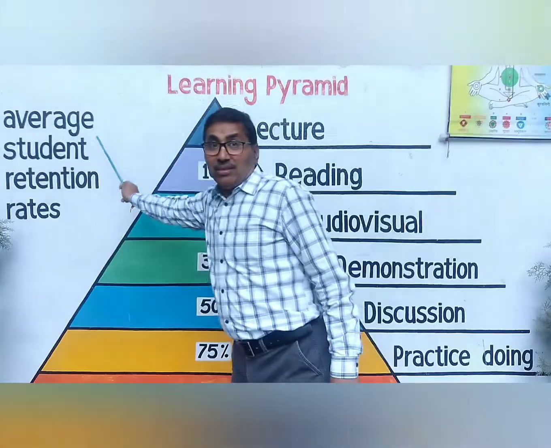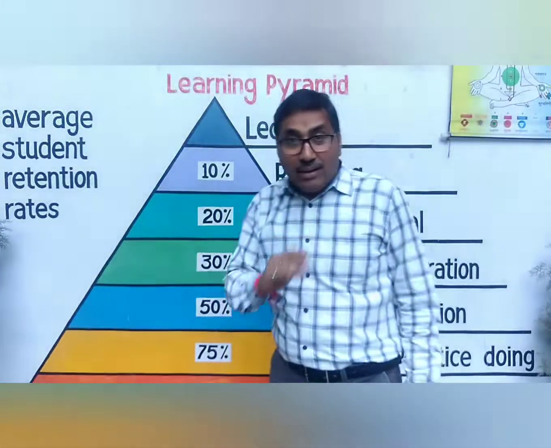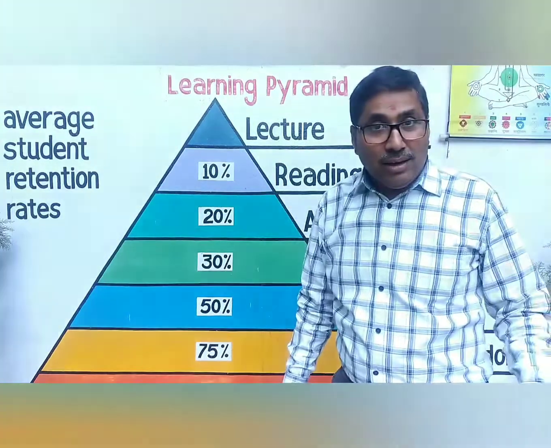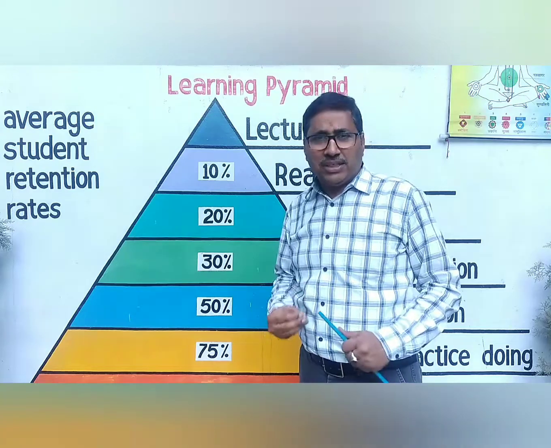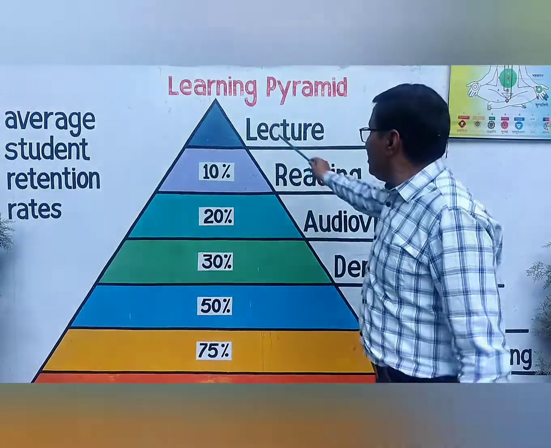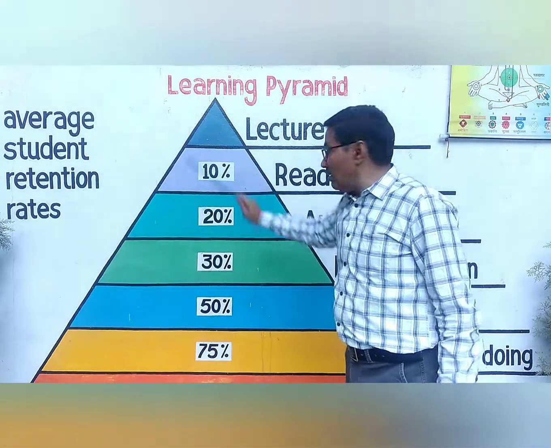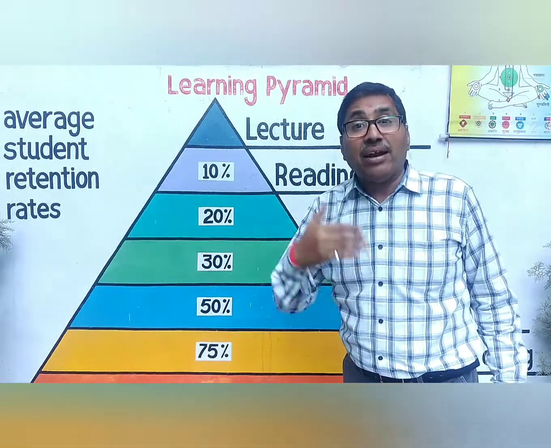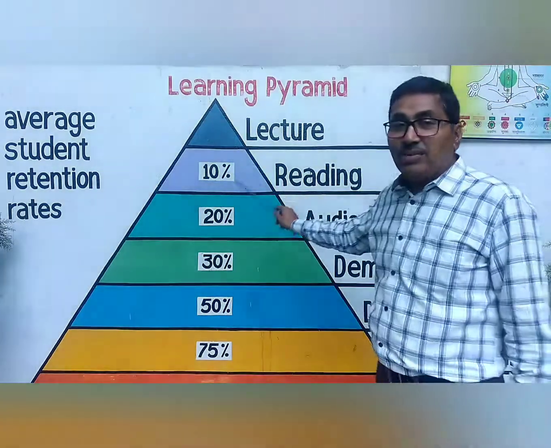The average student means neither extraordinarily intelligent nor very dull, and maximum 90% of students belong to this average category. So the retention rate through lecture is null, and through reading, a person can retain 10% for a longer period of time.